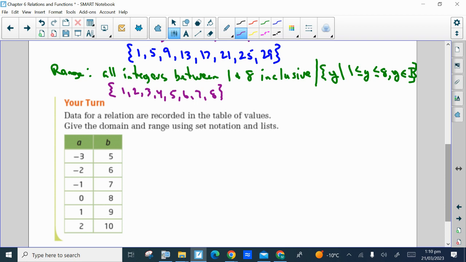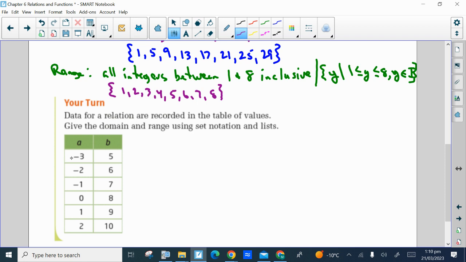You also cannot use interval notation for discrete data. You cannot. As soon as you use interval notation, you're saying that the data is continuous. All fractions, all decimals are part of that relation, and that's not true for discrete. So for this table, we're asked to give the domain and range using set notation and a list.